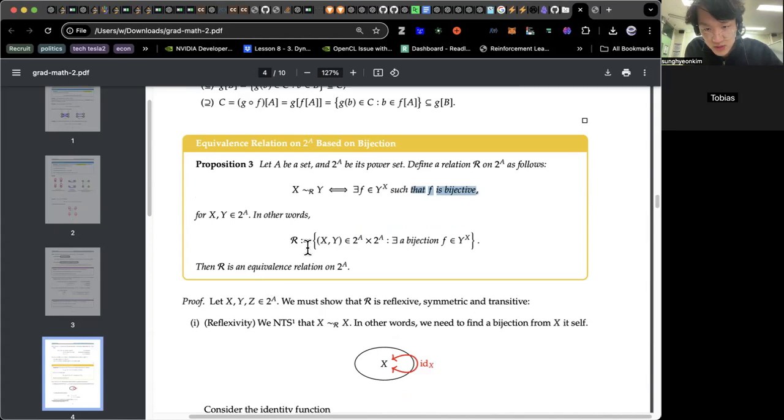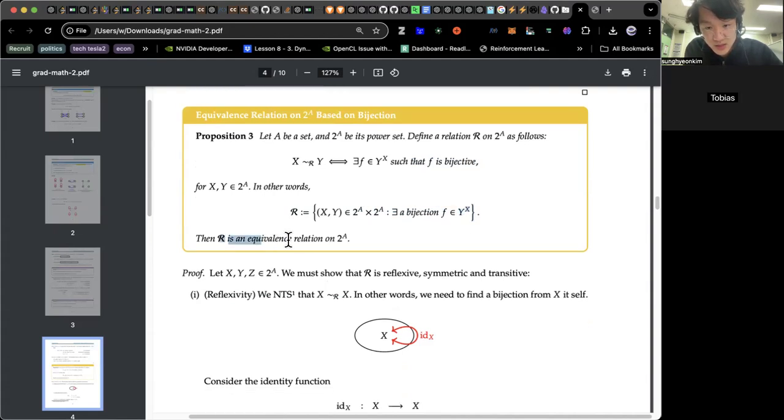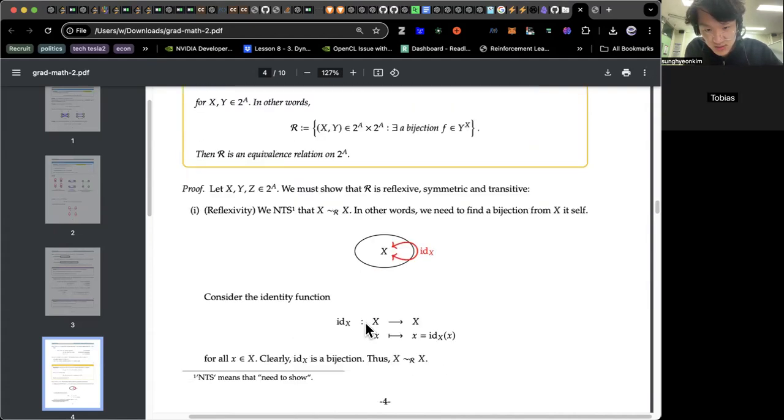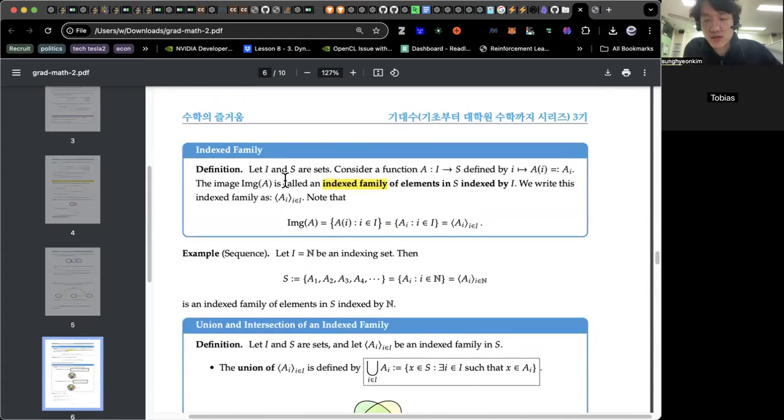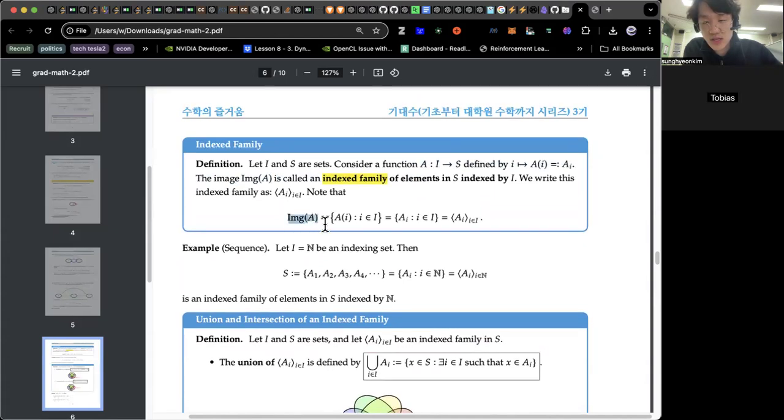In other words, the relation is (X, Y), which is an element of 2^A Cartesian product 2^A, such that there is a bijection f which is an element of Y to the X. Then R is an equivalence relation on 2^A. We can also define an indexed family, the image of A, with an indexed family of elements.